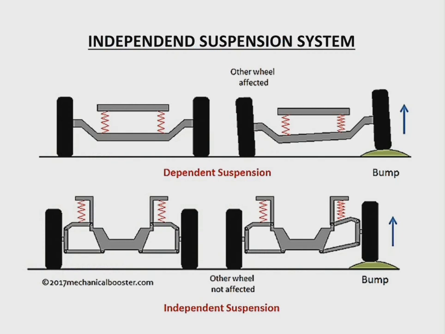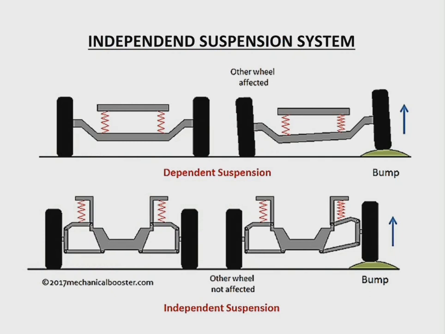There are basically two types of suspension systems: one is the dependent system, another is the independent system. In this figure, the above one is the dependent system and the below one is the independent system. In the dependent system, the wheels are directly connected to the frame, so if one wheel climbs a bump, the other wheel is also affected.